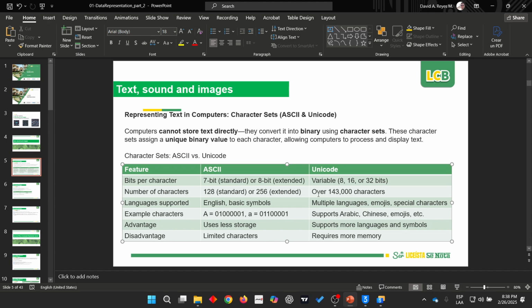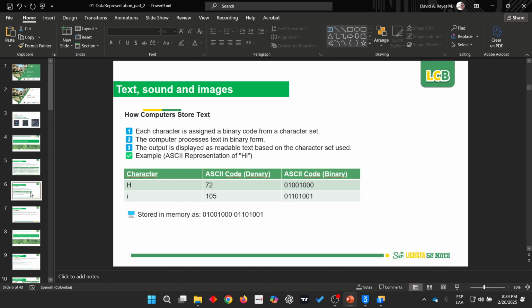Unicode supports multiple languages, emojis, and special characters. It supports Arabic, Chinese, and emoji characters. It supports more languages and symbols, but requires more memory in the computer.